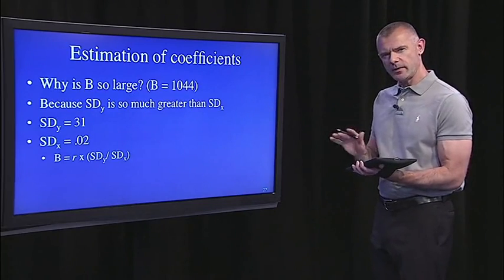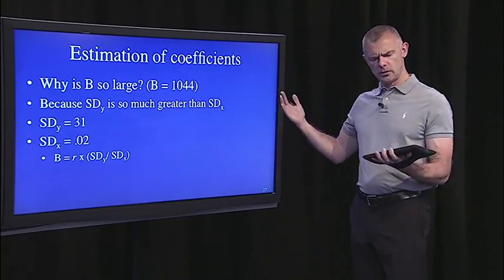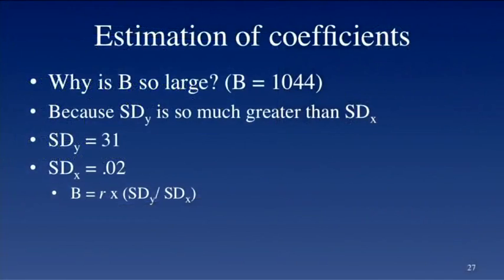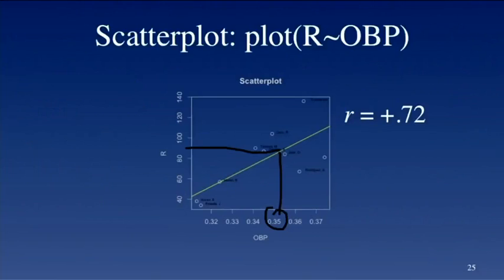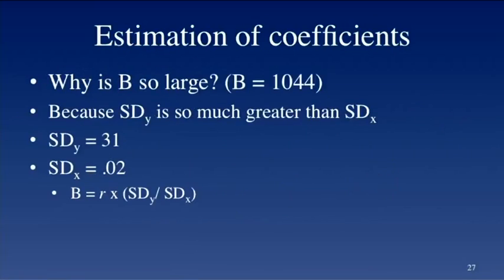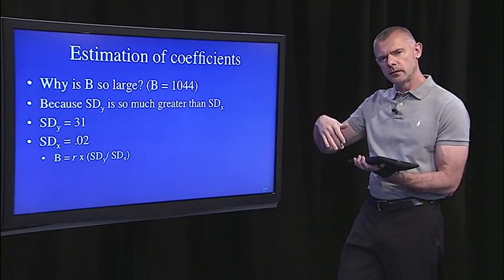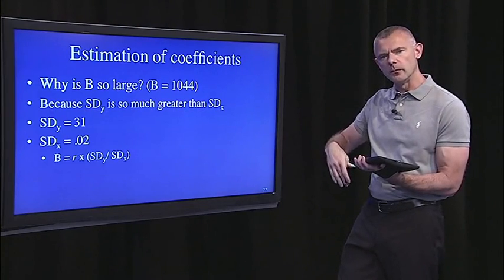The other odd thing about this, and sort of difficult to wrap your head around, is why are these numbers so large? No one scored 1,000 runs, right? If you look at the scatter plot again, the range is 40 to 140. Why do we have a regression coefficient of 1,000? Well, it's because the scale of y and the scale of x are so different. If you look at the scale of y, it's in runs. It was like 40 to 140 was the range.